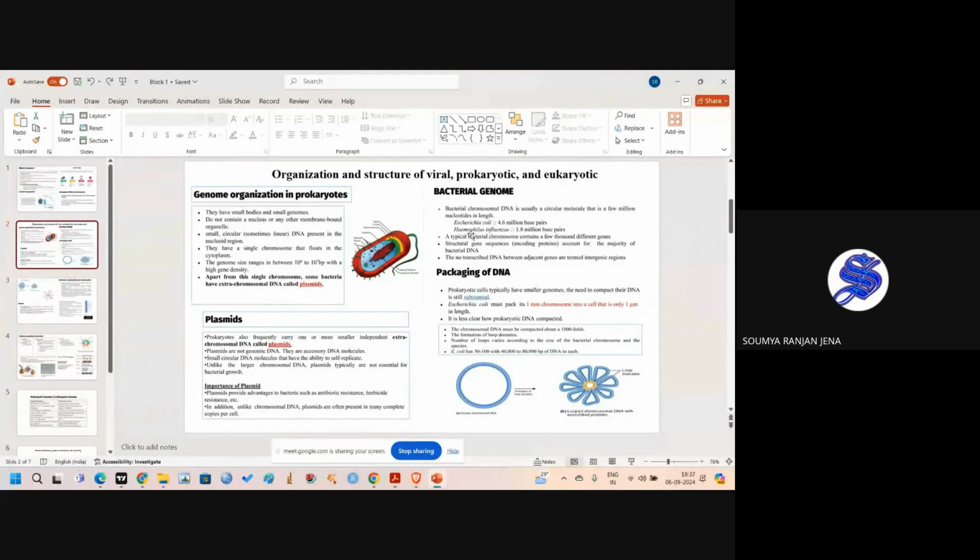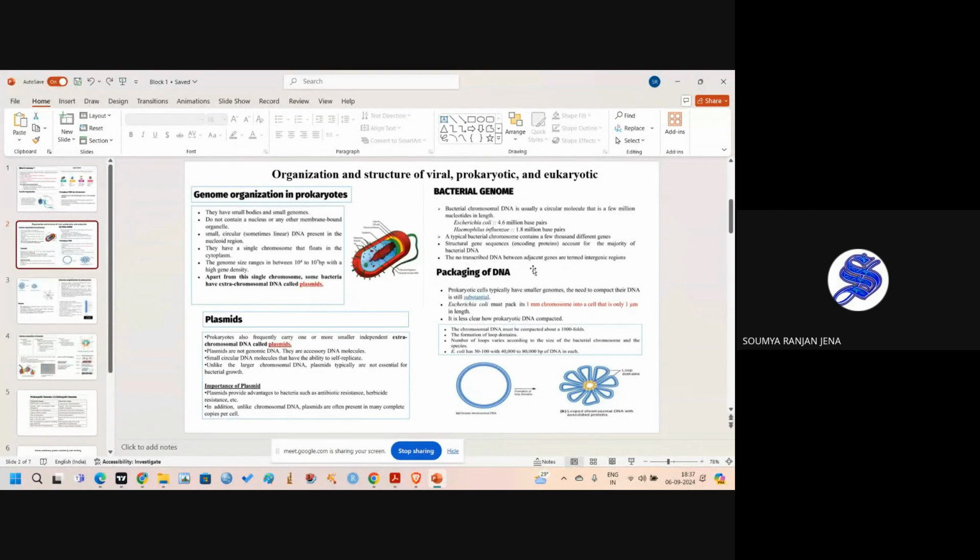This bacterium causes flu-like symptoms. This is called Haemophilus influenzae. A typical bacterial chromosome contains a few thousand different genes, which encode the structural parts of the bacteria, and this structural gene sequence accounts for the majority of the bacterial DNA.